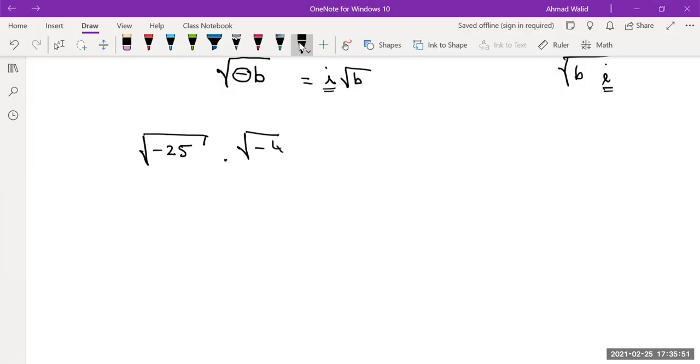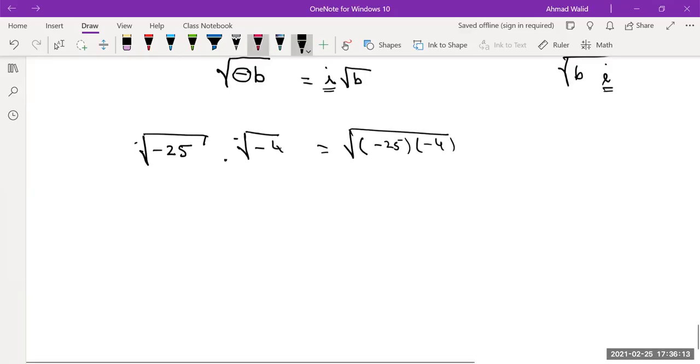Some of us think, oh, let me use the rules of radicals because the indexes are the same. I can rewrite this one as the square root of negative 25 times negative 4 under one radical. Don't do this. This is wrong.